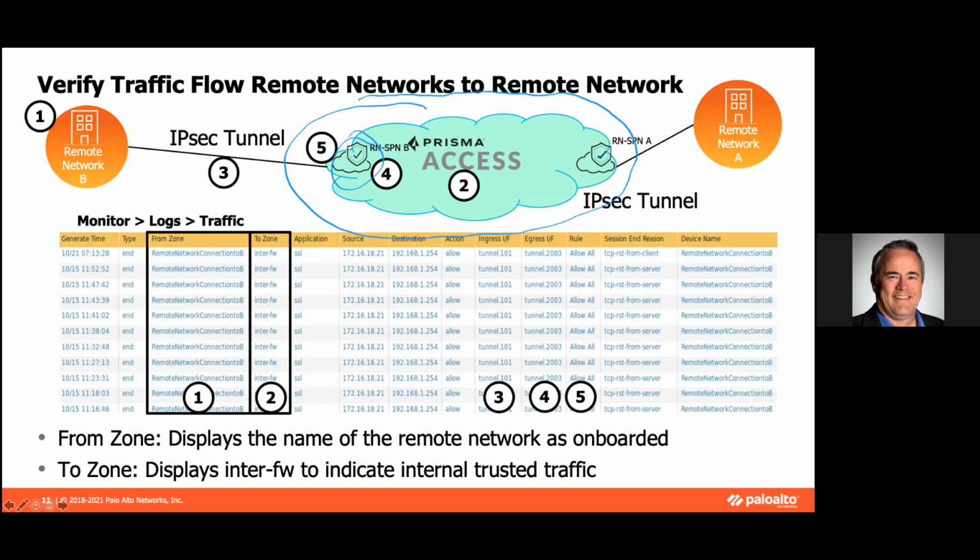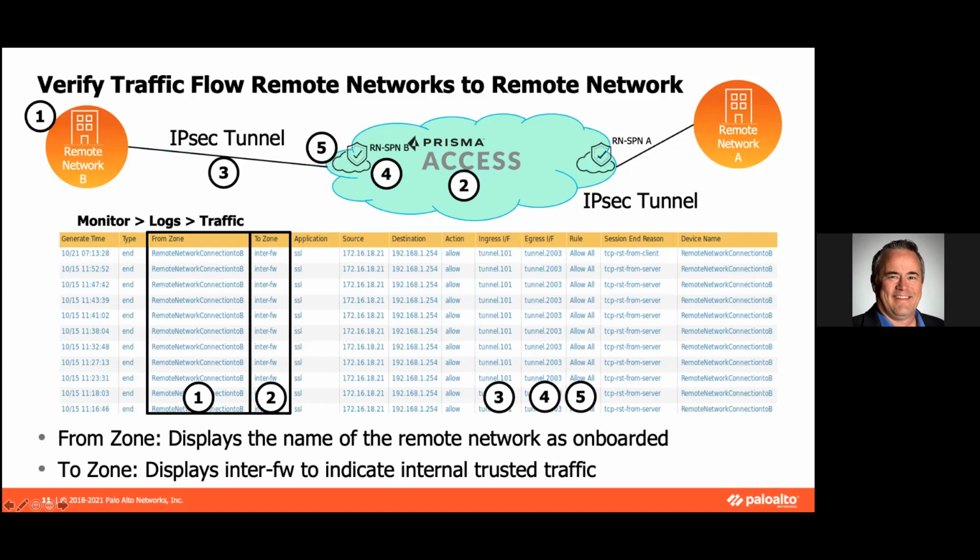As it gets forwarded out another SPN into some other Prisma Access component, it's like it's hitting the destination zone. We don't inspect it again. And then the return traffic for that same session responds back and goes back down to the other client.